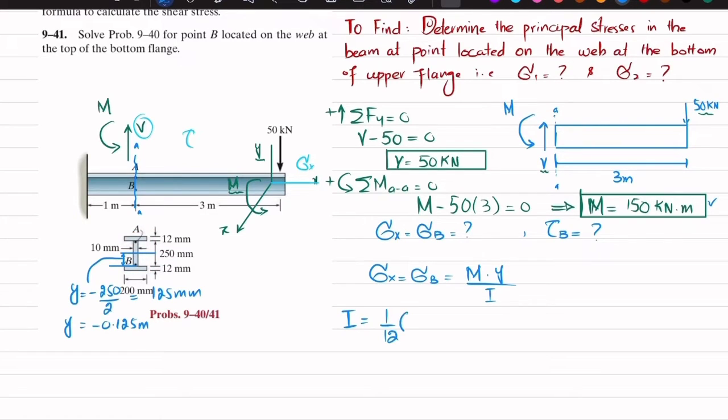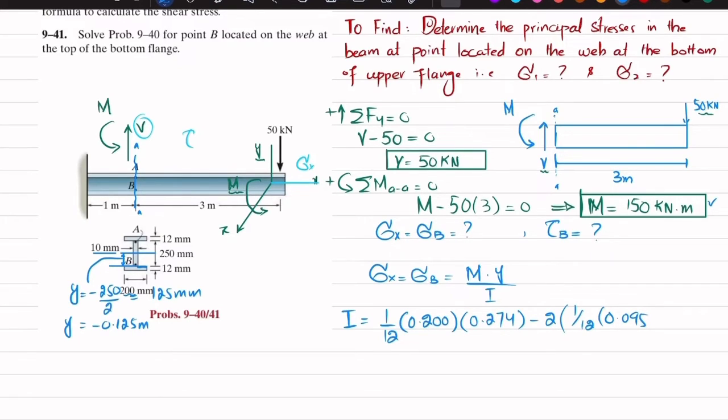So 1 over 12, B is 200 millimeter, which in meter is 0.200, and height is 274, which is 0.274, minus 2 times 1 over 12, B is equal to 95. You can see this is 200, so 200 minus 10 is 190, and 190 divided by 2 is 95 millimeter, which is 0.095.